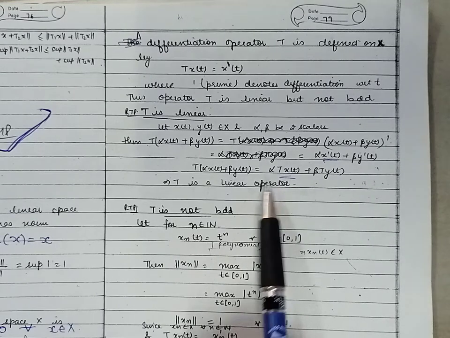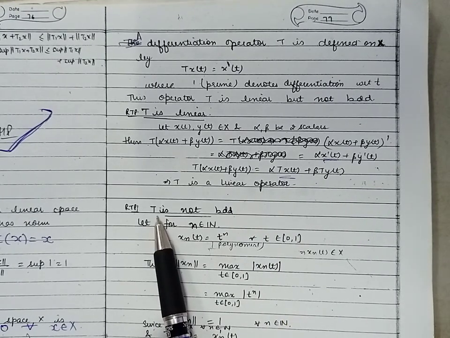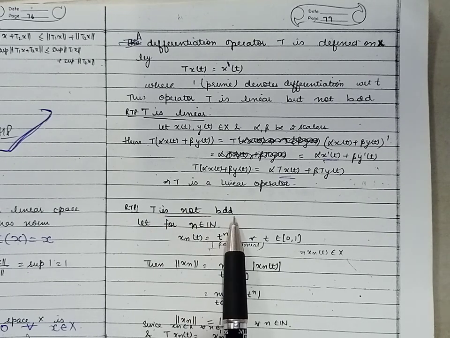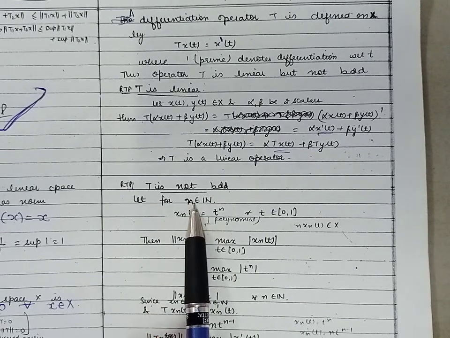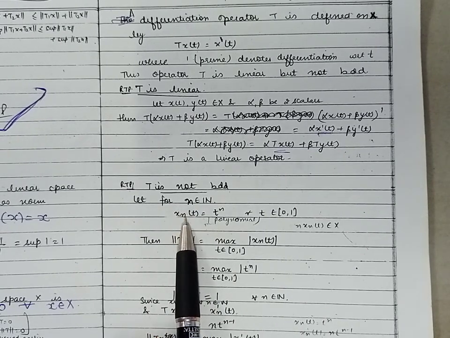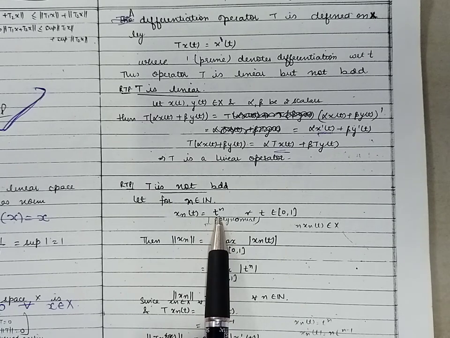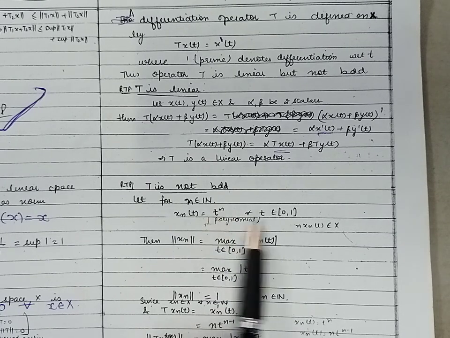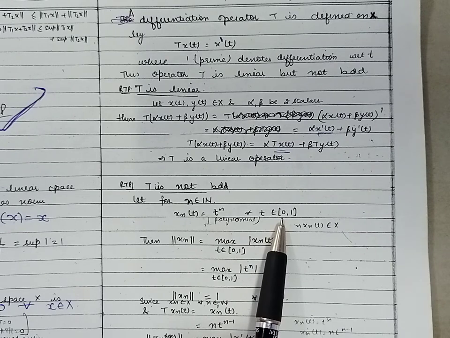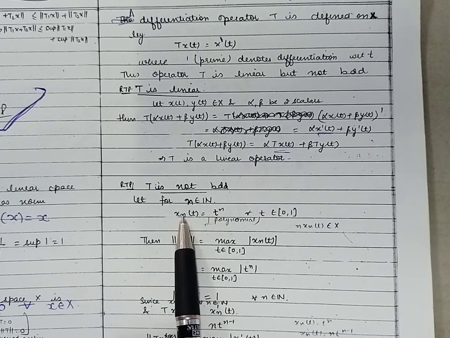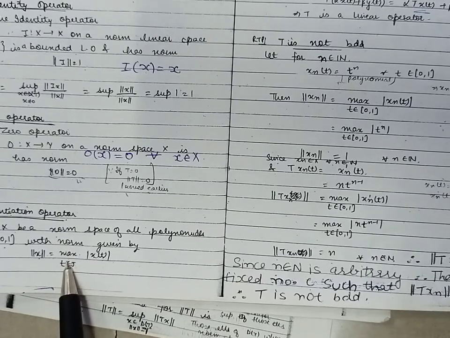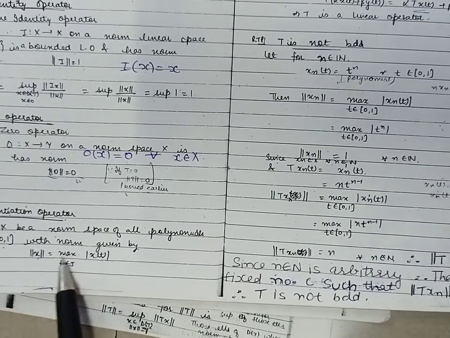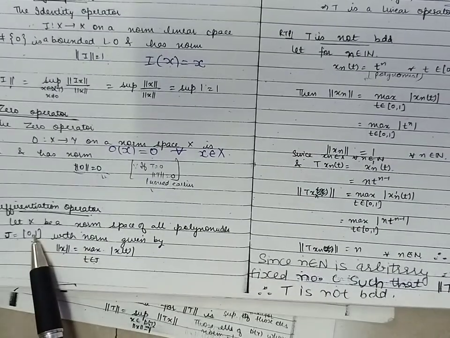Now we will show that this operator defined on X is not bounded. In order to show this, let us take a natural number n and define xn is equal to t raised to the power n, where t belongs to the closed interval [0, 1]. Now let us find the norm of xn. By definition, the norm of x is equal to the maximum of mod of x(t), where t belongs to the closed interval [0, 1].